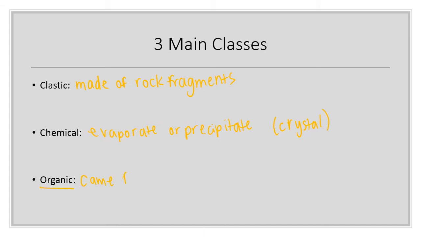Came from a live plant or animal at one time. So this can also be called bioclastic. And both of these types are also called non-clastic. There's a bunch of different names that we got going on here.